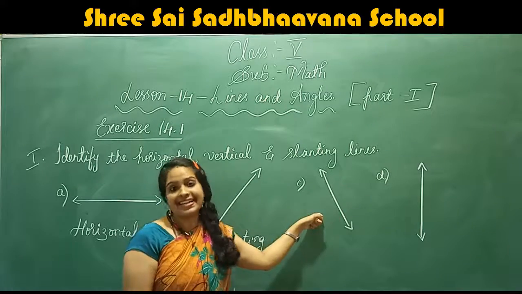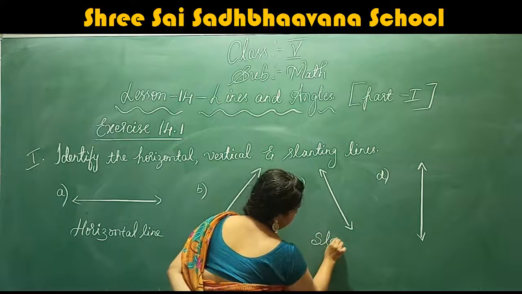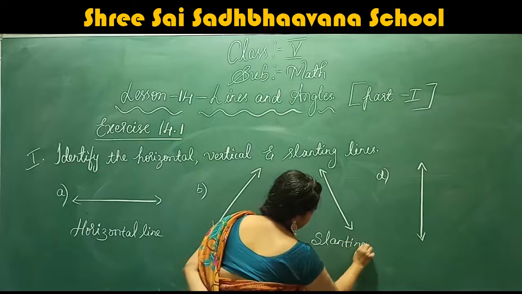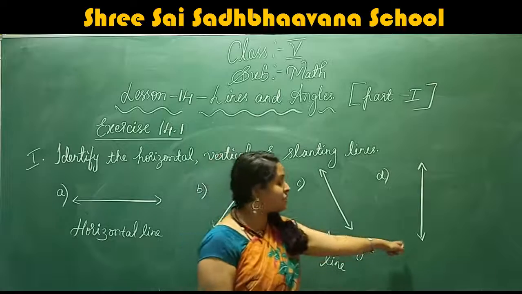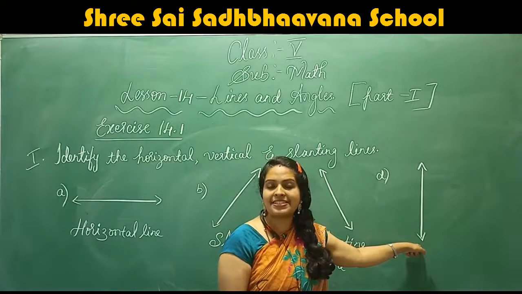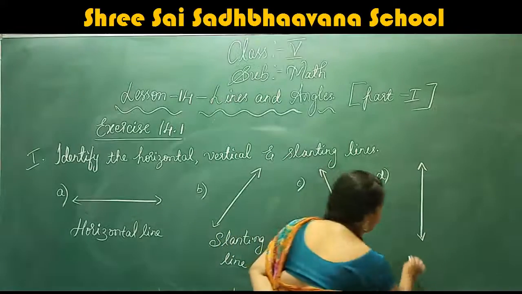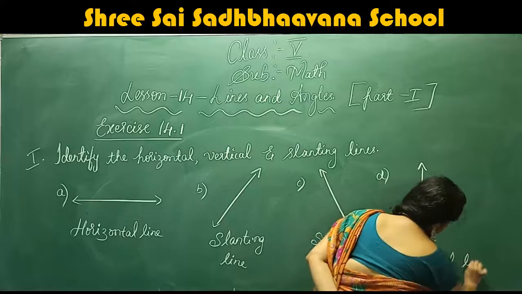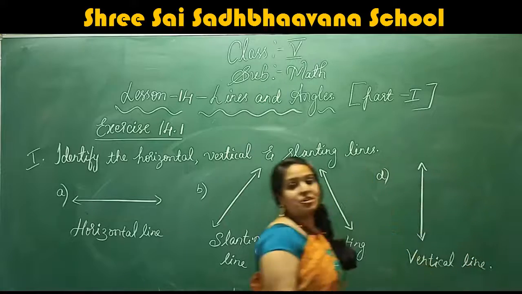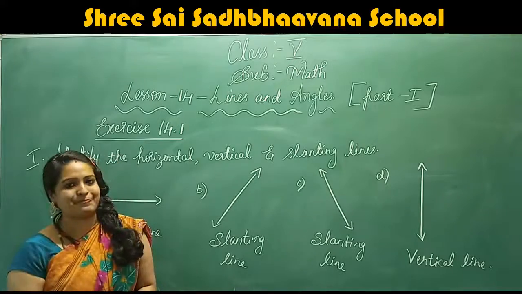Yes, this is again a slanting line. And look at the last figure. Which type of line is this, children? Yes, this is the vertical line. So, did you all understand, children, how to solve the first question? I hope so.